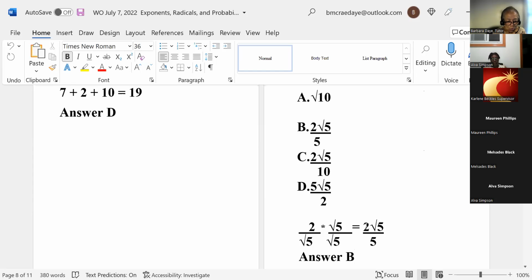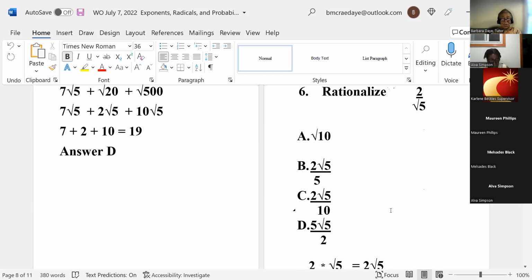That's how I got 2 times radical 5. So you just bring it back over in order. I just put the 2 in front and took the multiplication, because 2 in front of square root of 5 is saying 2 times square root of 5. Okay. Questions? No, thank you, miss.